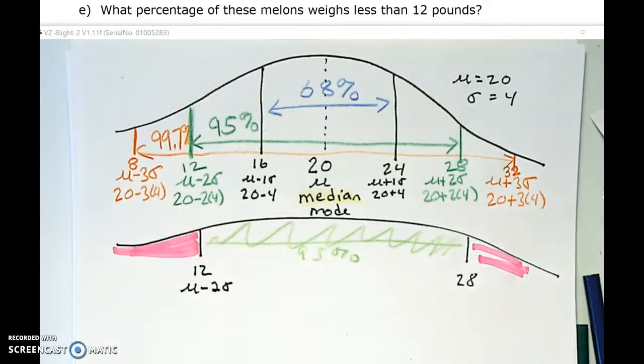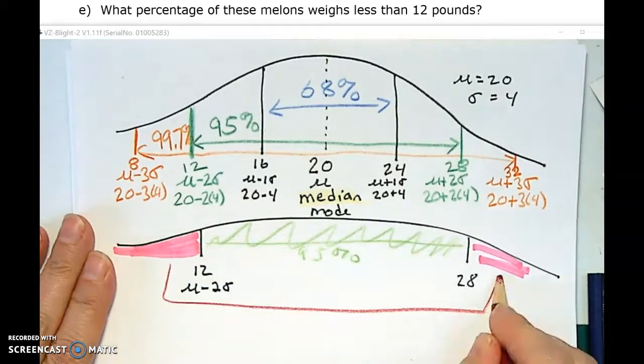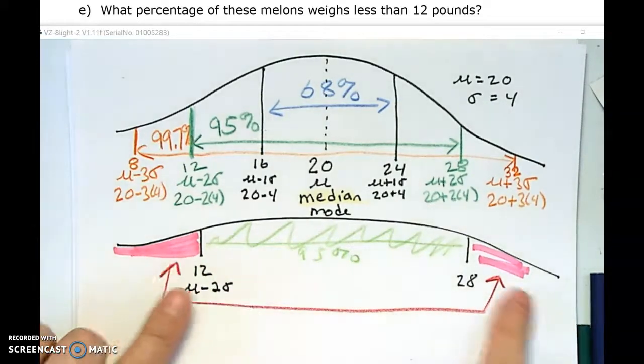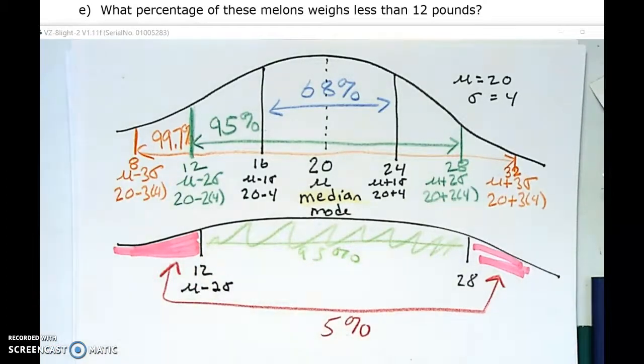I can't find the pencil I want. Okay, let's do this. So that means that out here, the tails comprise 5% of the data. So 5% of the winter melons weigh less than 12 or more than 28 pounds.